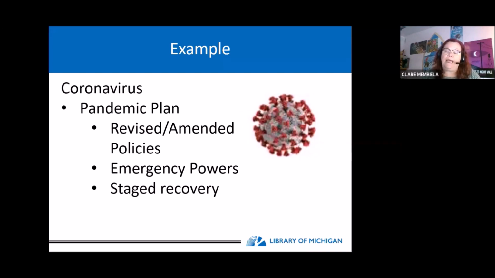And then what the plan does is facilitate the ability of the management of the library and the staff of the library to continue operations within the crisis and manage all of the individual components that are a part of that, including making sure the staff are taken care of, making sure that the assets of the library are protected, making sure that the patrons, to the extent possible, are able to get services, and also providing for a staged recovery where things come back bit by bit.